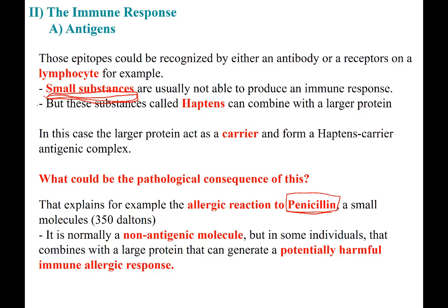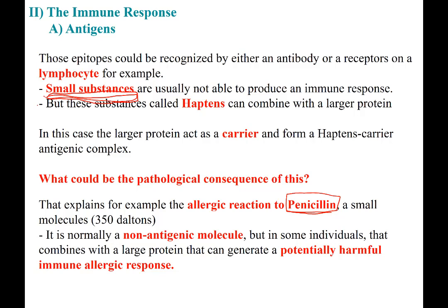Then penicillin is going to do its job of trying to destroy the cell wall of bacteria. But for some reason, in some people, this very small molecule is going to be recognized by the B cells as a foreign substance. The B cell is going to produce antibodies, and those antibodies are going to do their job and bind to penicillin.